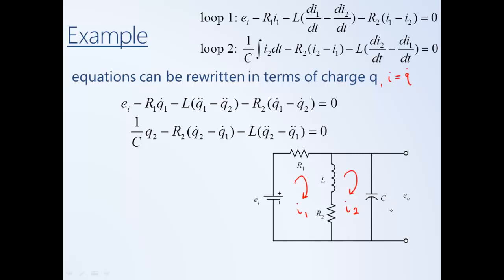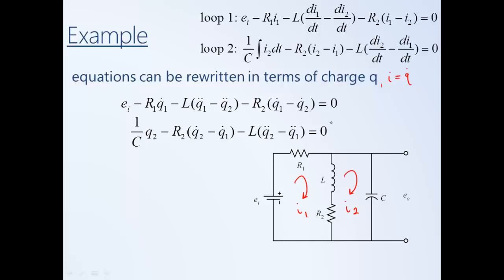So that has a very straightforward physical meaning. Q1 does not have a corresponding physical meaning in this circuit. There is no place that charge accumulates or builds up in this loop, but we will write it anyways, just as a mathematical substitution.